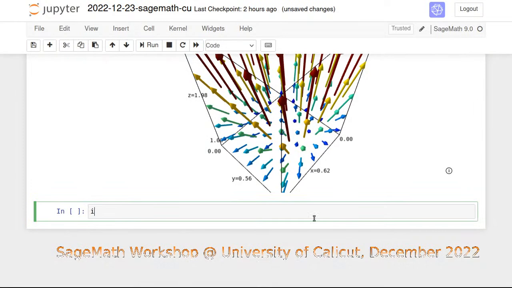Implicit plot 3D, the command structure is exactly the same. So x square plus y square equal to 1, say. This essentially means that for every z height you are supposed to keep the circle. Therefore, it's going to be a cylinder. X in range 0, 1: this is not going to be a cylinder. Minus 1 range is required, half cylinder. Y in range 0, 1.